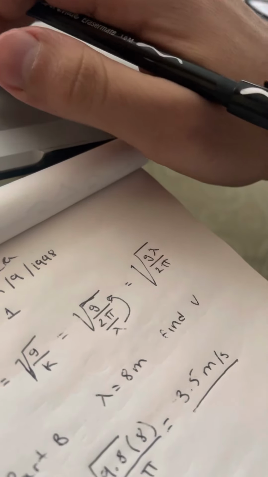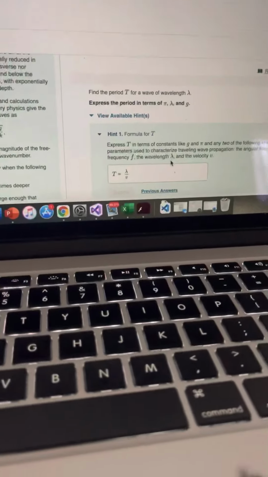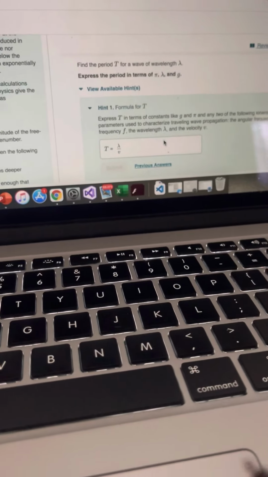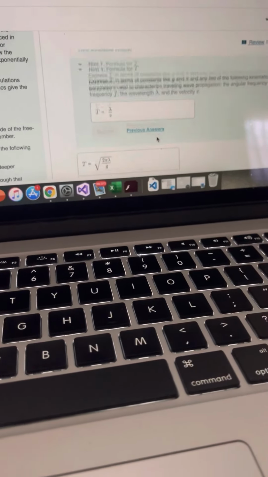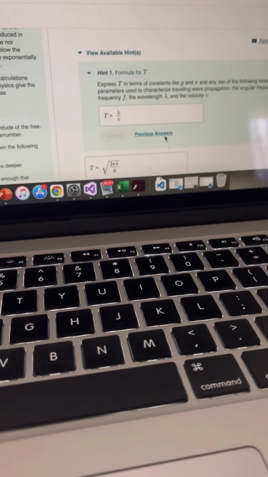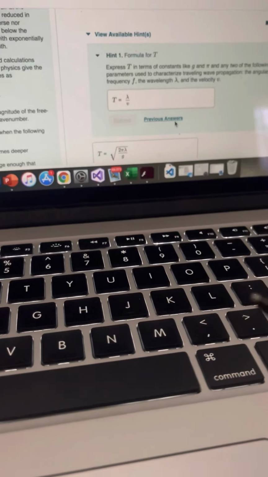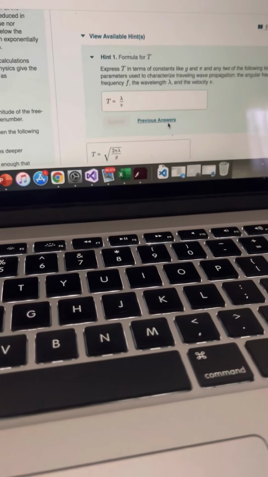And then in part C, we're asked to find the period T for a wave of wavelength lambda. Now, we are given a hint that the formula for period is lambda over v. So let's write that down.